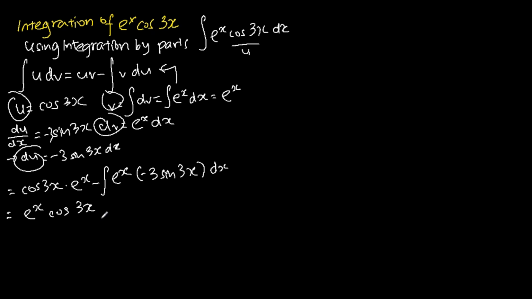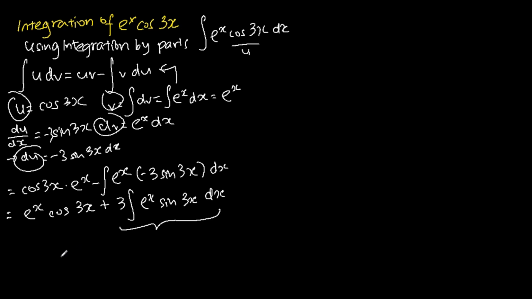We will just make the answer a little bit simpler. We get e to the power x cosine 3x plus 3 times the integral of e to the power x sine 3x dx.